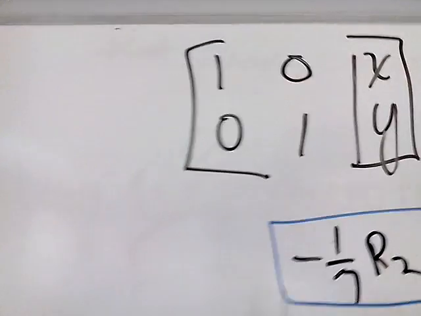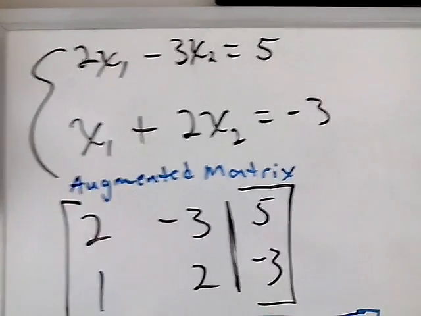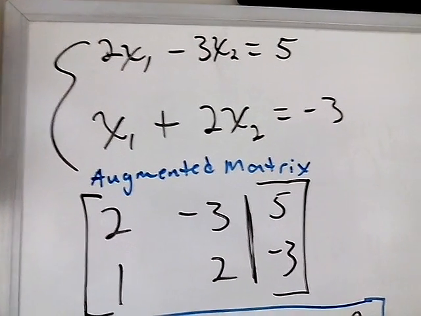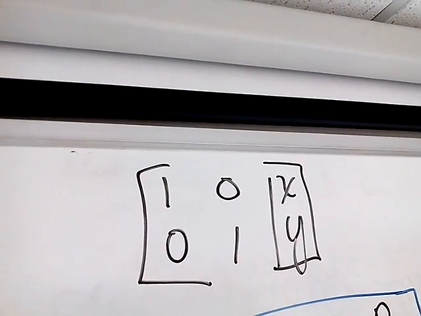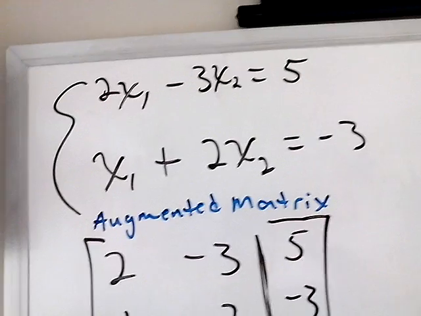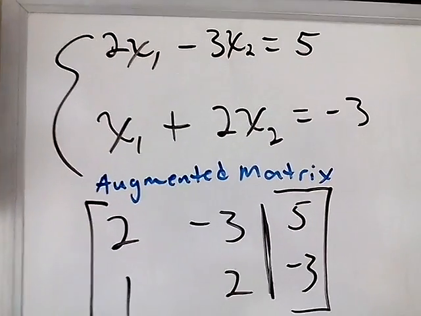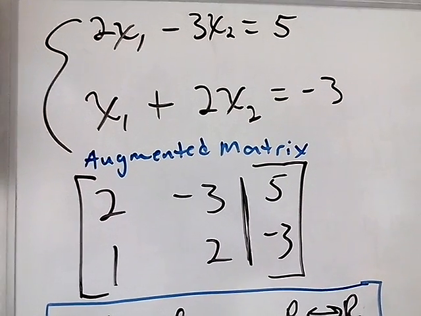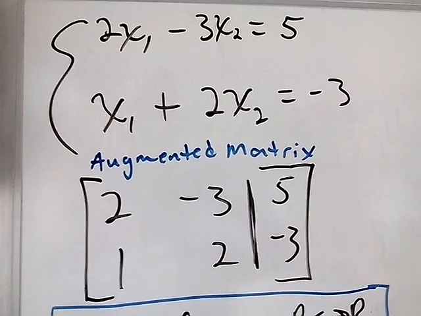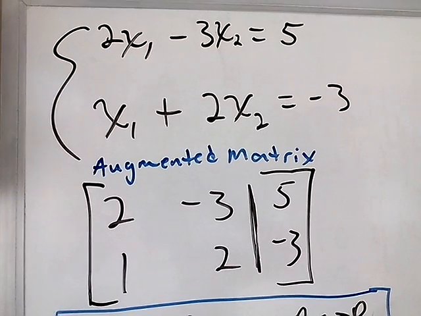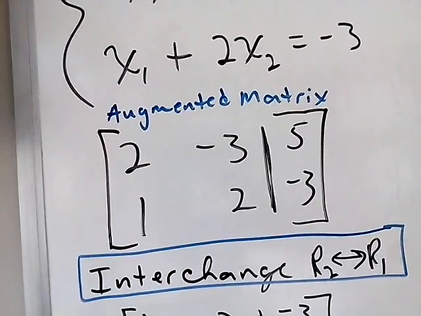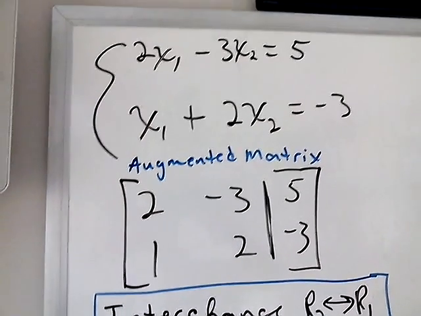Some of the things that we can do to transform our matrix into 1, 0, 0, 1 is that we can exchange rows. If we have one value that can be interchanged to make it into a 0 or a 1, we can interchange rows in that way.